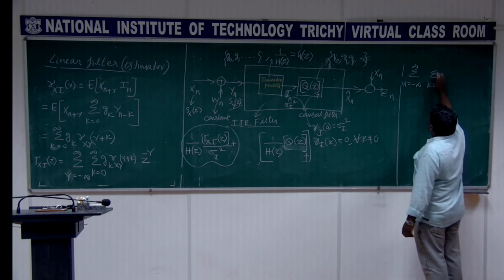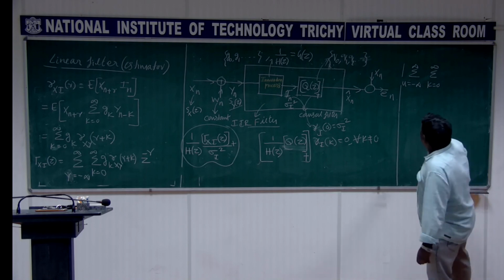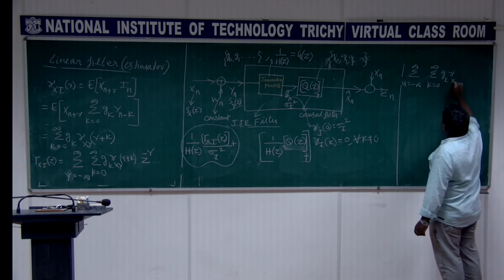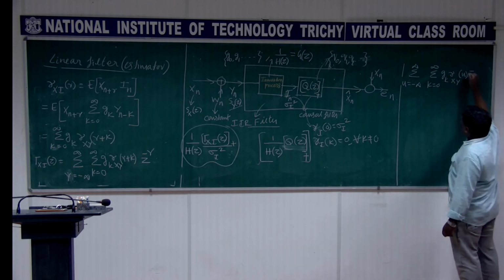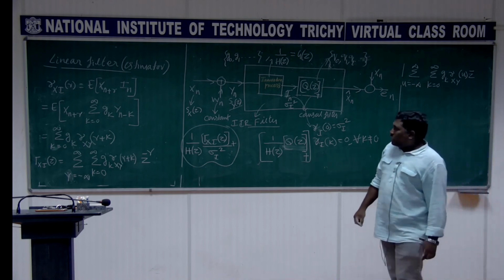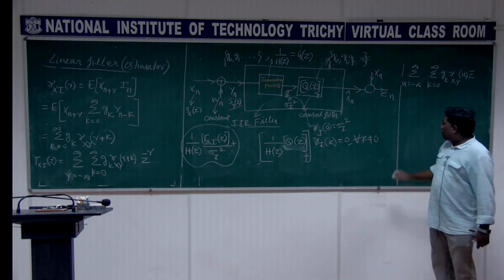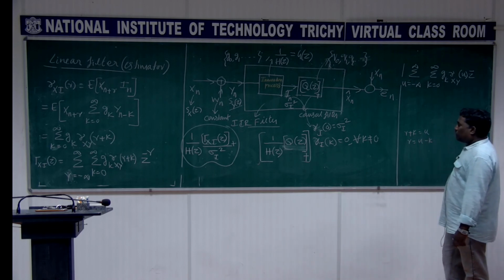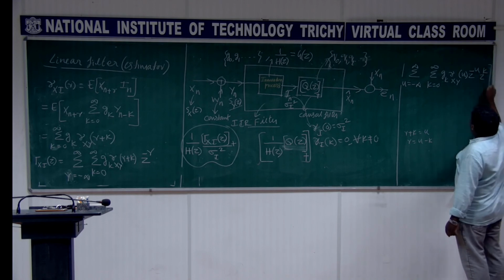Sigma k equal to 0 to infinity, that I am not changing, and this coefficient gk is there, and gamma xy of u is there, and this is z power minus r. Since r plus k is u, r is u minus k, so it is z power minus u, z power k here.